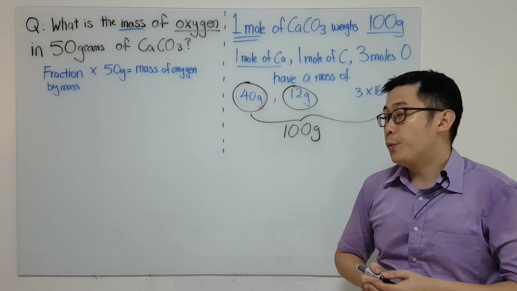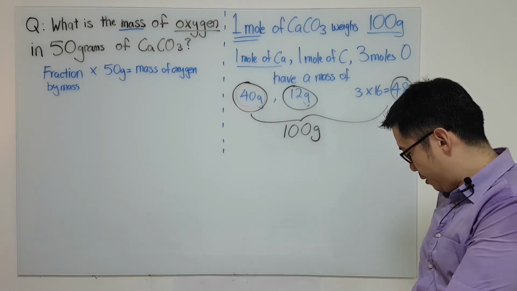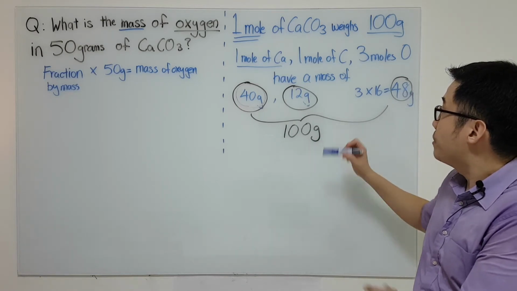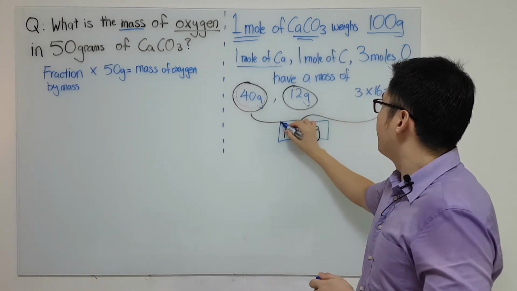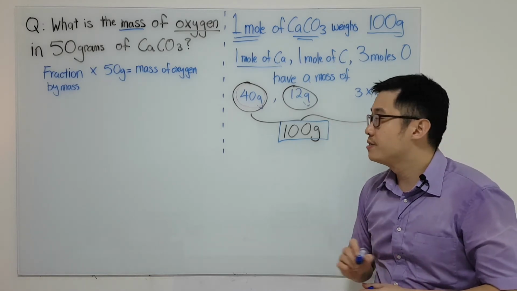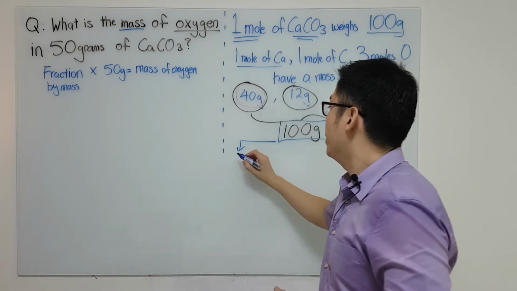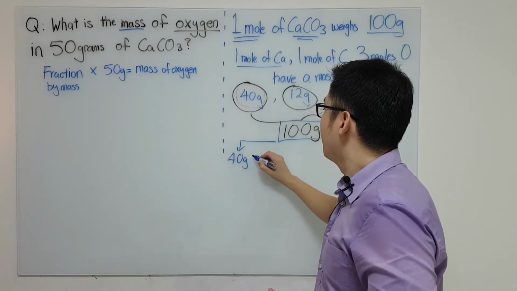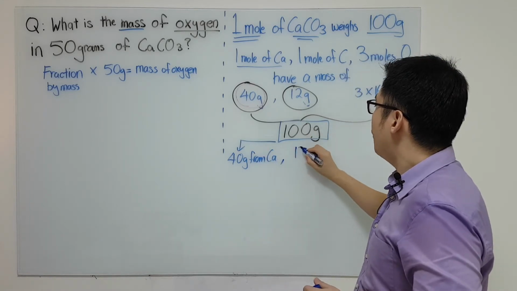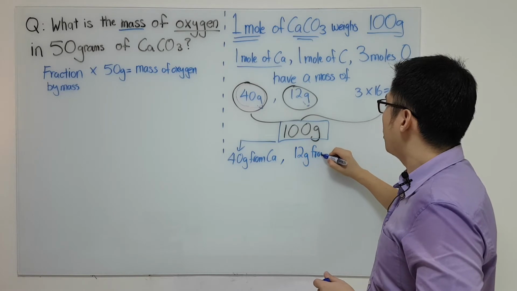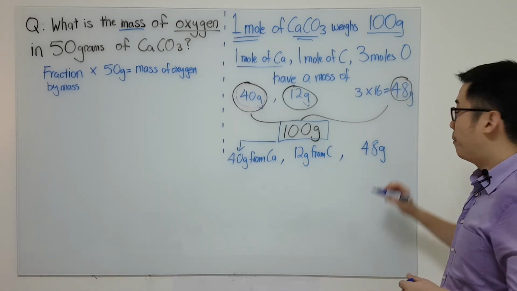Now, students, which means you will know that out of this 100 grams of calcium carbonate, there is really only 40 grams from your calcium, 12 grams from your carbon, and 48 grams from your oxygen.